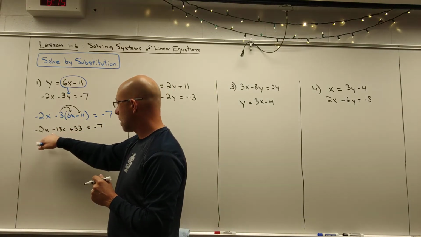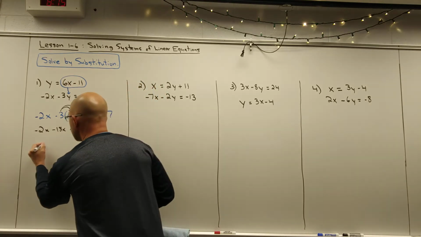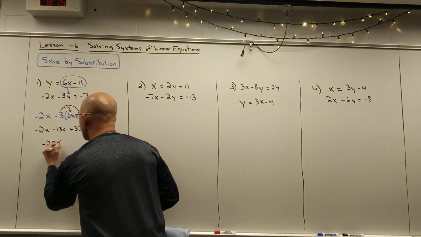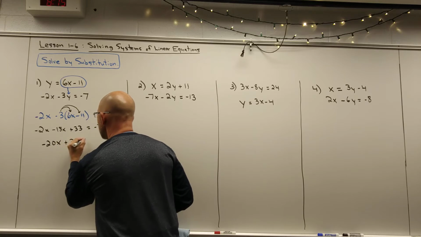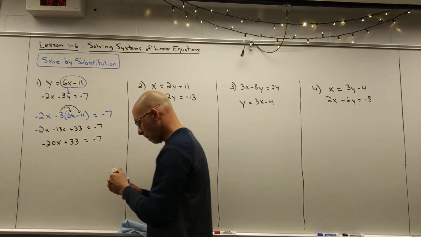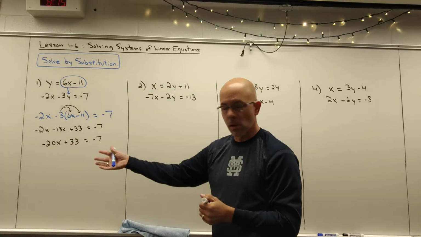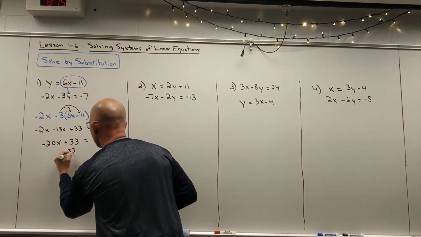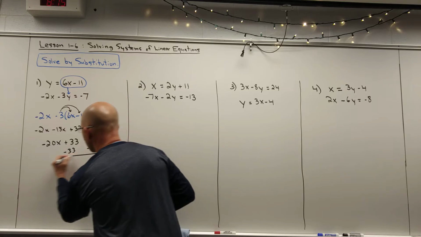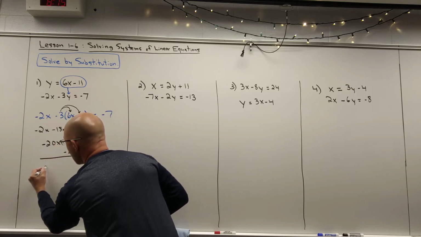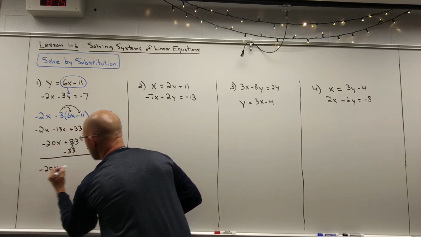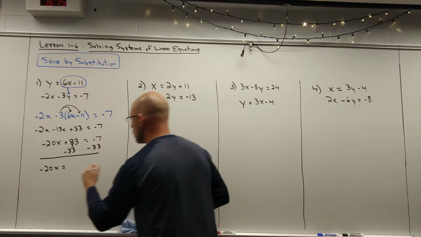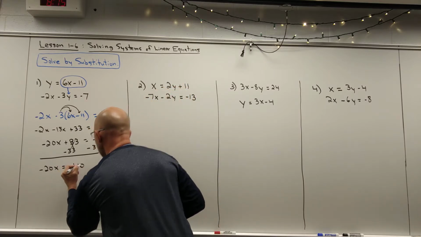Minus 2x minus 18x is minus 20x. Plus 33 equals negative 7. Continue solving. We're going to subtract 33 from both sides. We get negative 20x equals negative 7 minus 33, which is negative 40.